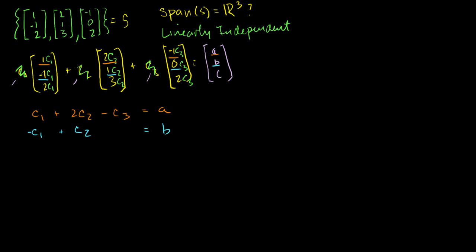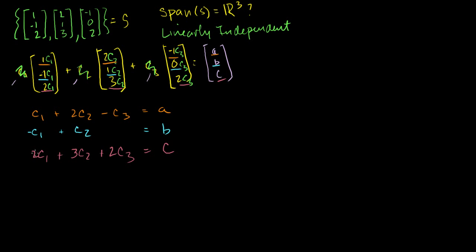And then finally, let's do that last row. 2c1 plus 3c2 plus 2c3 is going to be equal to c right there.